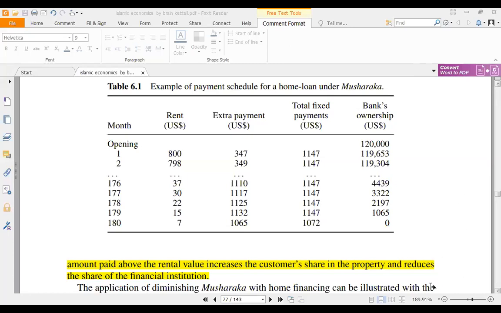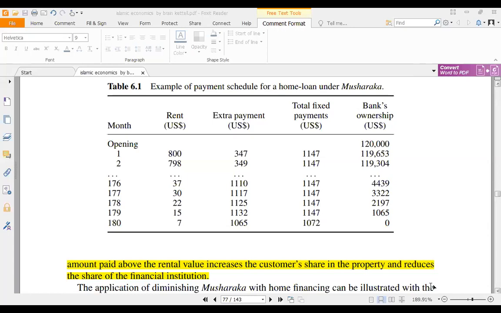So home financing Musharaka, diminishing Musharaka, is a kind of Musharaka. Now again, I'm going to explain. In home financing Musharaka, there are two parties. One is the customer, the second is the bank. Both parties make a partnership.